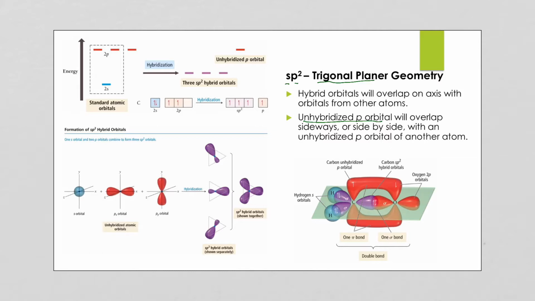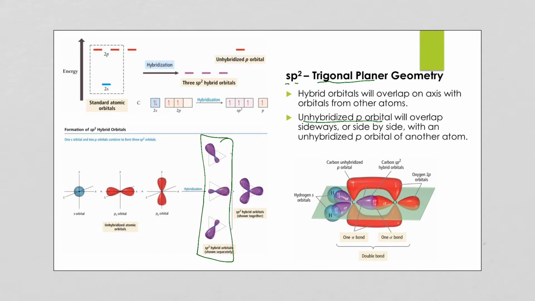So we get 3 sp2 hybrid atomic orbitals, where the orbitals are all in the same plane, pointing to the corners of a triangle, 120 degrees apart. Notice again, the electron density is shifted toward the bonding side, where the bond is going to occur, to help maximize that orbital overlap and minimize the energy. That makes it much more favorable for bonding.